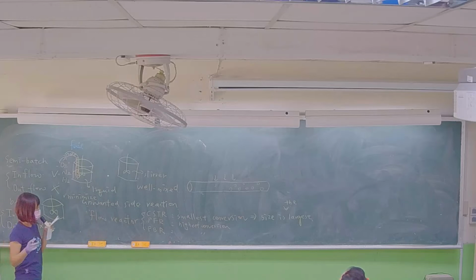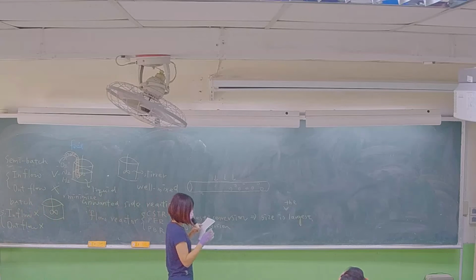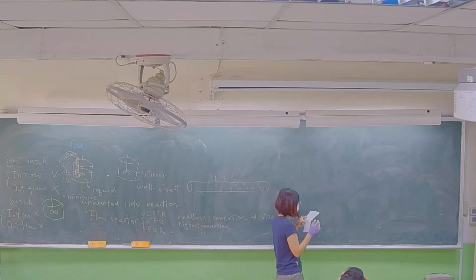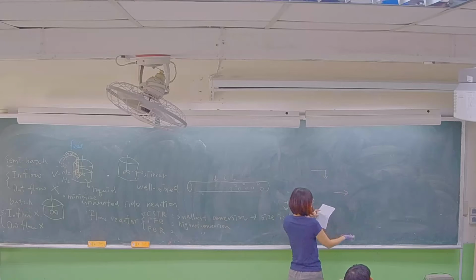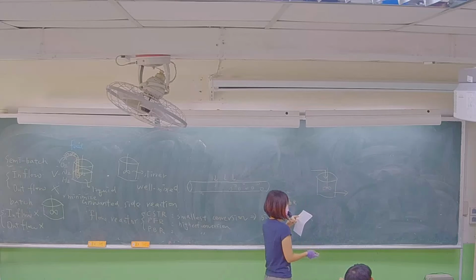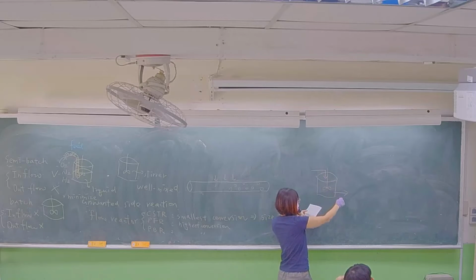So you can find the batch reactor and the CSTR are very similar. The different part is CSTR has inflow and outflow, right? For batch and the CSTR, the configuration is the same, but CSTR has inflow and outflow.